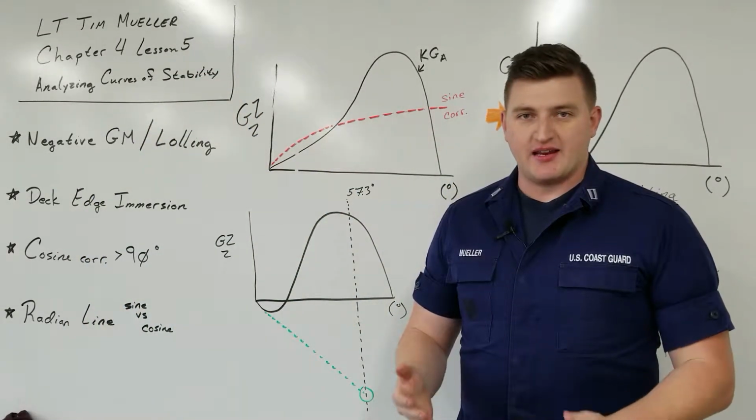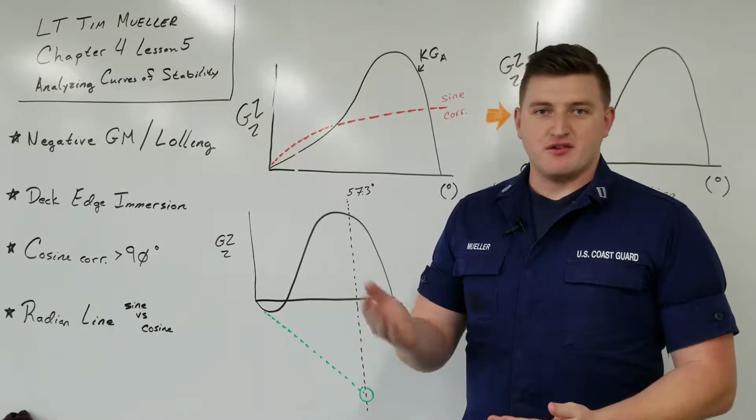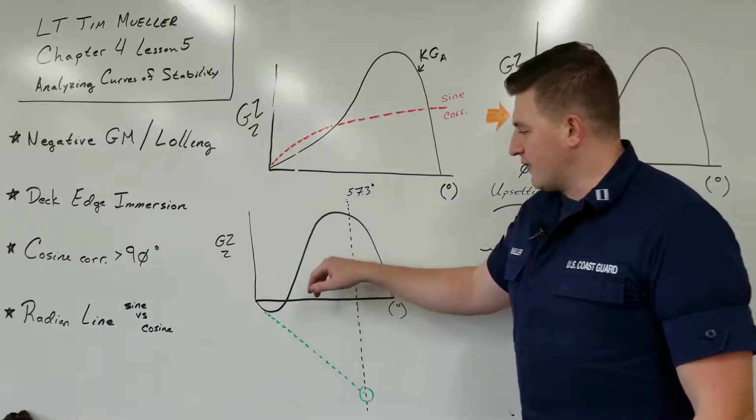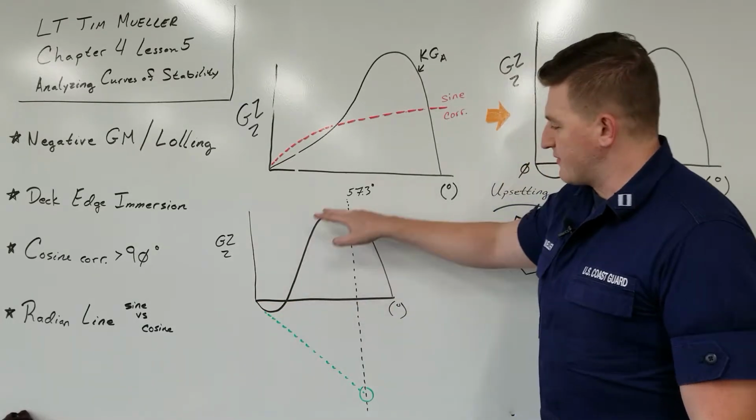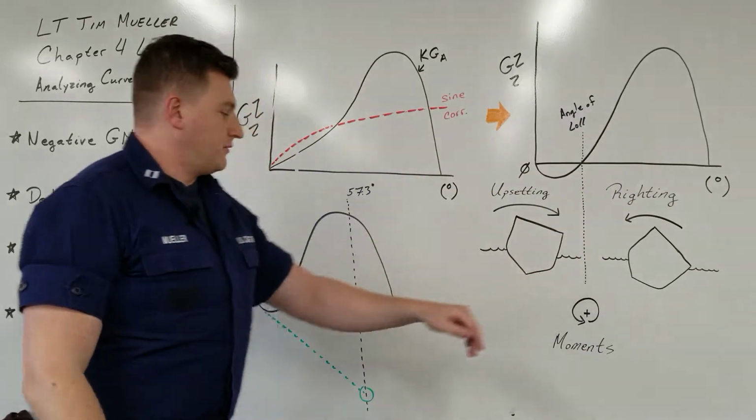Now I mentioned we have a negative GM situation. How can we tell that on the curve itself? Well, we can just use our radian line trick. Right here, you see the curve dips down, comes back up, just like what I have right here in this generic example.